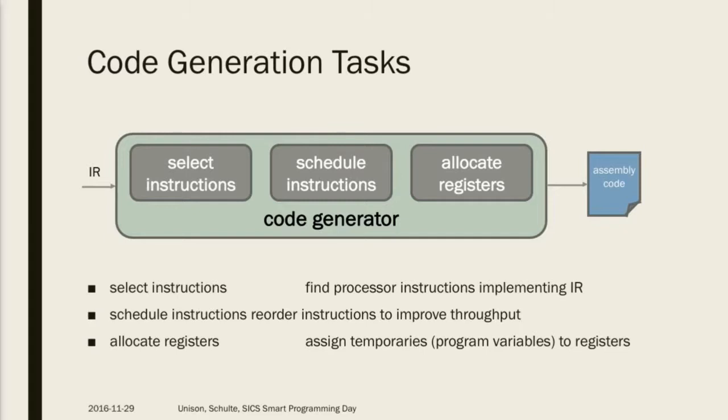And the last, but definitely not the least thing, is you have to allocate registers. As much as you can possibly pull it off, you try to squeeze program variables, or temporaries, as I'm going to call them, into registers, because access to registers is so much faster than access to memory these days.